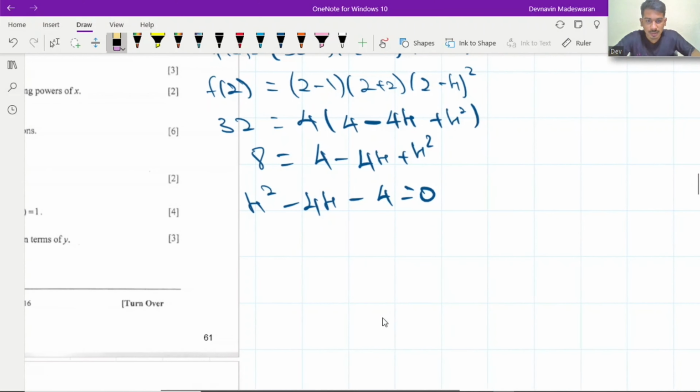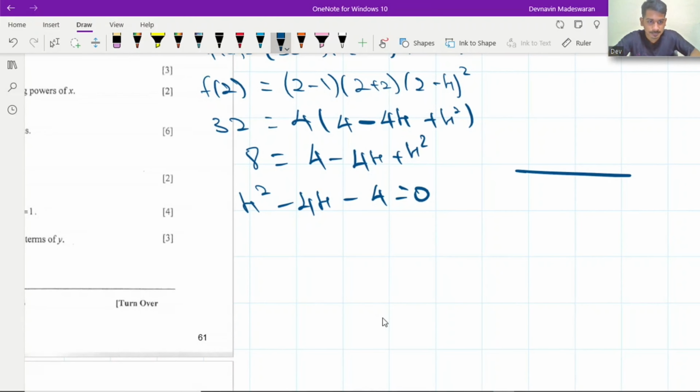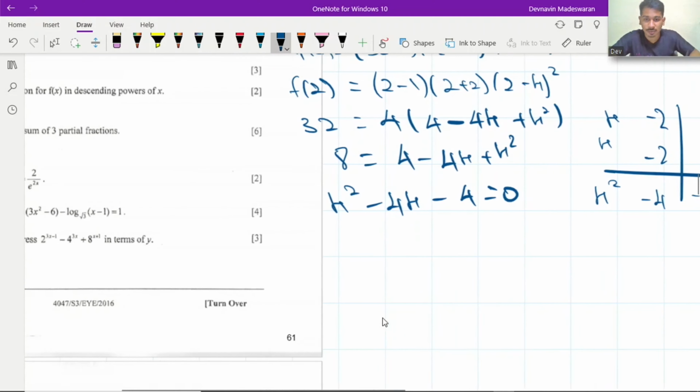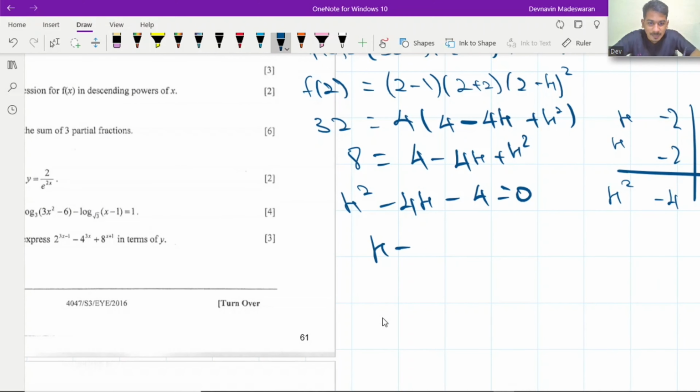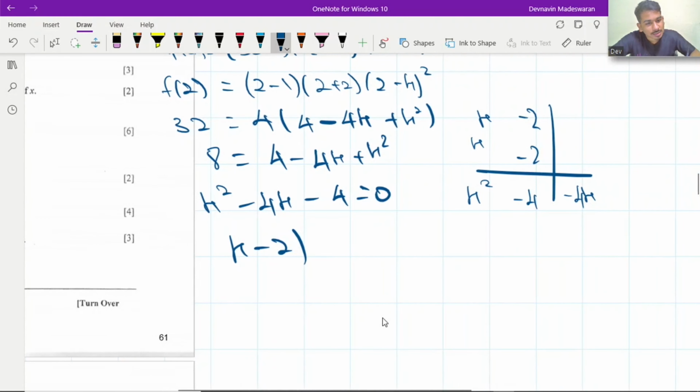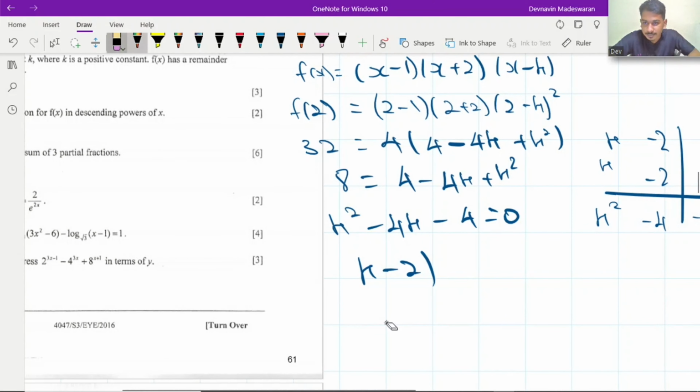Great. This is just going to be k minus, oops, okay, maybe not. Let's just try this. k squared, negative 4, negative 4k, negative 2. So k minus 2. Wait, what? That doesn't make sense. Something is wrong. I've done something wrong.